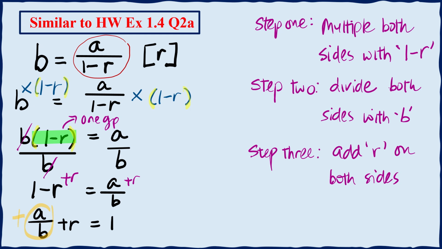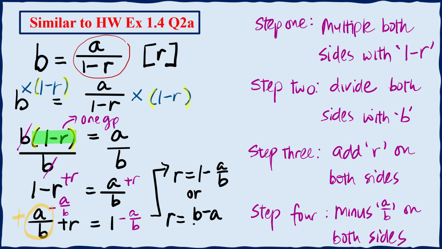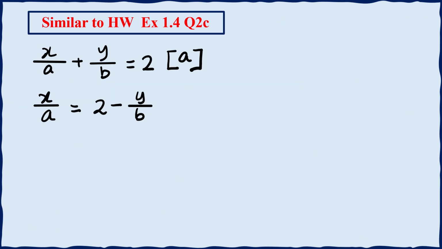The opposite of positive is negative, so I minus a over b on both sides. And therefore, the answer is r equals 1 minus a over b. All right. And if you need to combine them into a single fraction, then you can express your answer as b minus a over b. R equals b minus a over b. And this is how we do question 3.